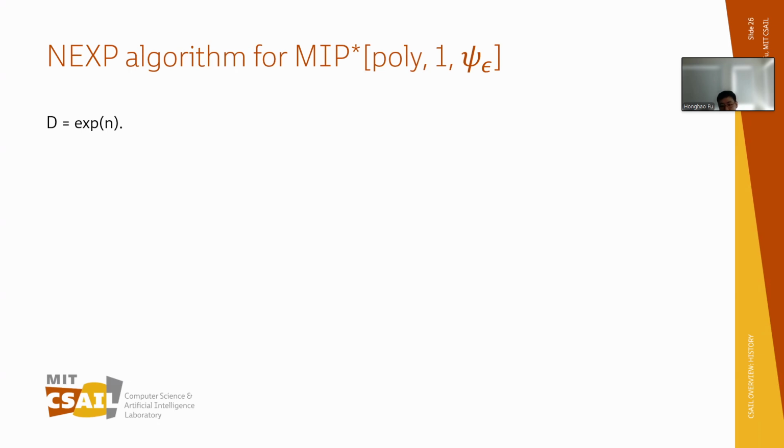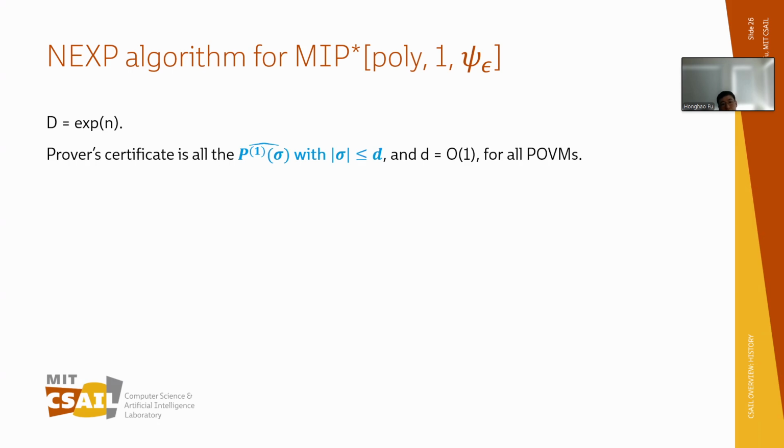So the verifier won't have enough time to process all the Fourier coefficients. So instead, the prover is going to smooth the POVMs and then send only the low degree smooth coefficients back to the verifier. And because the degree is a constant, there are only exponentially many of them. So it's a valid certificate.